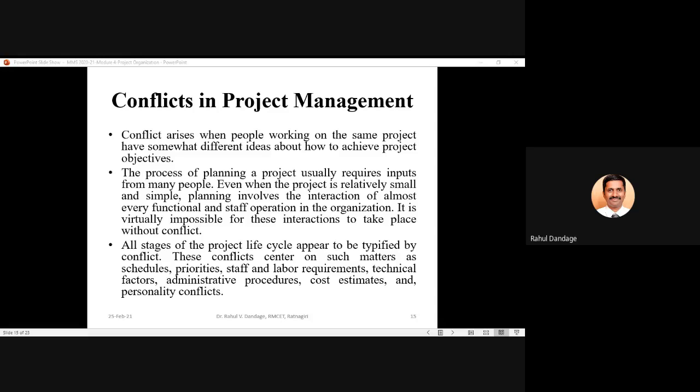Cost estimates over budget: obviously, whenever you are going for budgeting, the conflicts are sure. Let us say the project team has given a certain budget for that particular project. The first thing the finance manager will ask the project manager is, why is your project requiring this much budget? Justification is necessary. This project must be completed within this amount only, so why do you need this much?